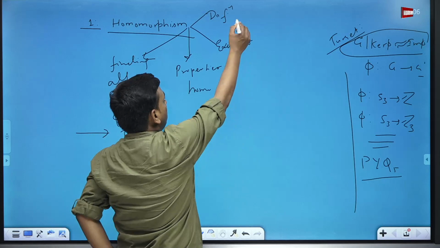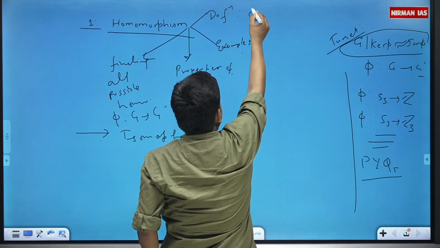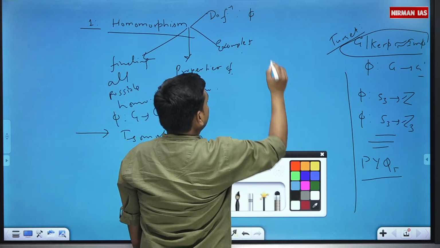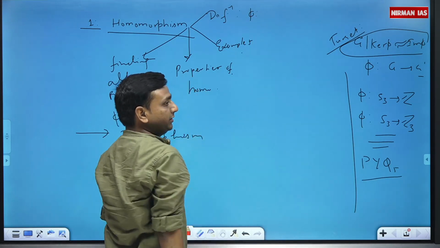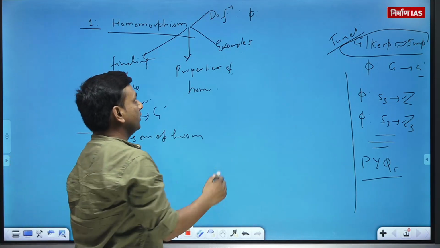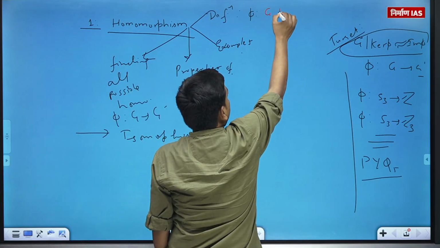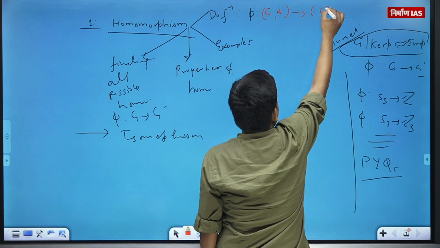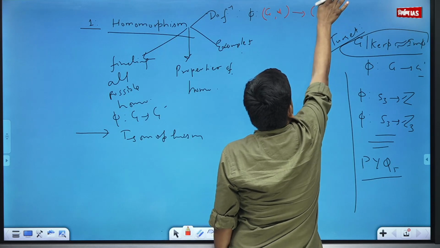When I say homomorphism, please be on the board. Let us define a map, a function from some group G, star, to the group, suppose, G dash.